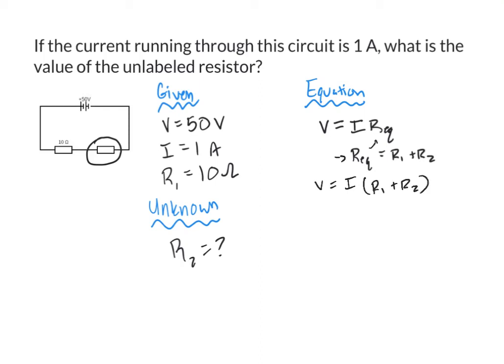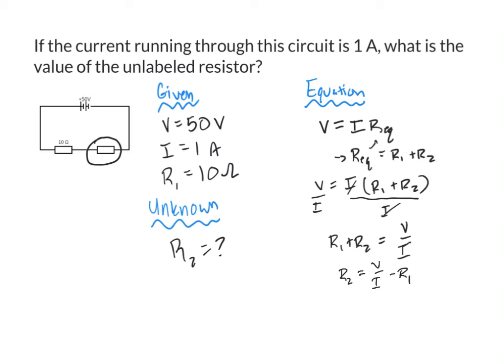And then I can solve for R2. First I'm going to divide both sides of my equation by I, and I'll get R1 plus R2 is equal to V over I, and then I'll subtract R1 from both sides, which gives me R2 is equal to V over I minus R1.